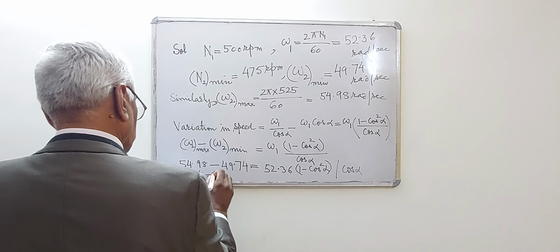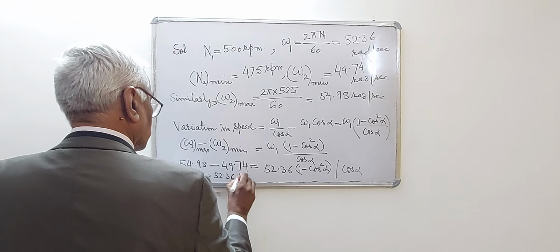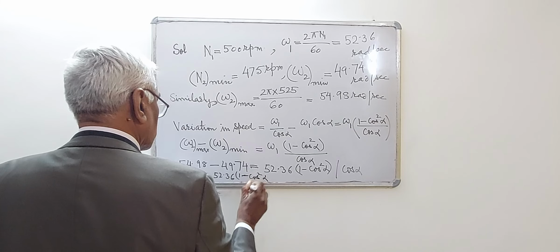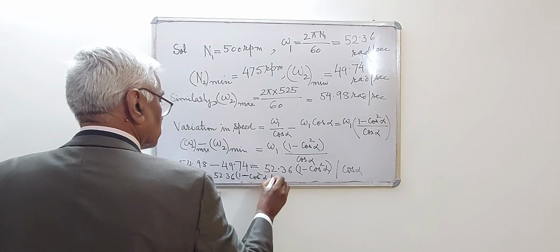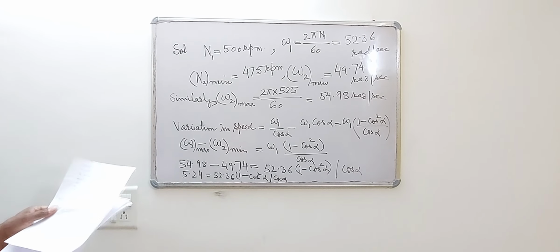So 5.24 equals 52.36 into 1 minus cos square alpha divided by cos alpha. This equation can be solved for alpha.